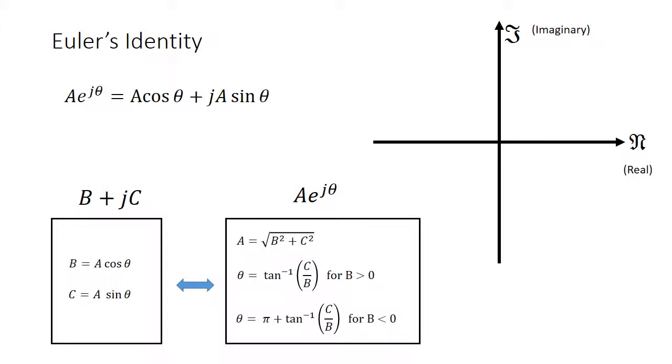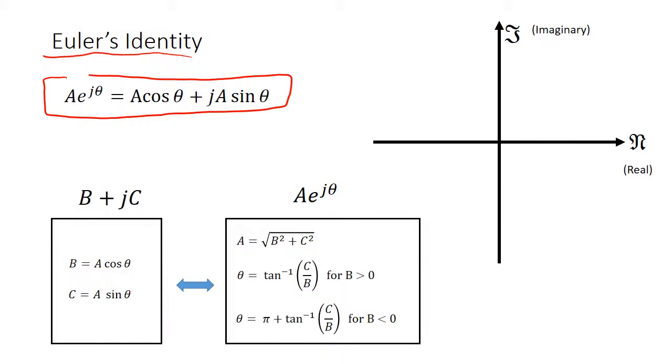Now, before we start talking about how to convert that time domain equation into phasor form, it's useful to first review Euler's identity. Euler's identity is simply stated here, and it's much easier to see graphically. Graphically, it essentially is telling us that on the complex plane, we can express any complex number as a vector.